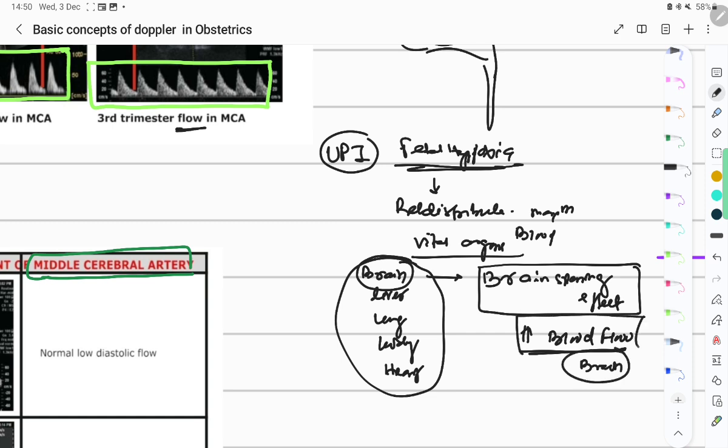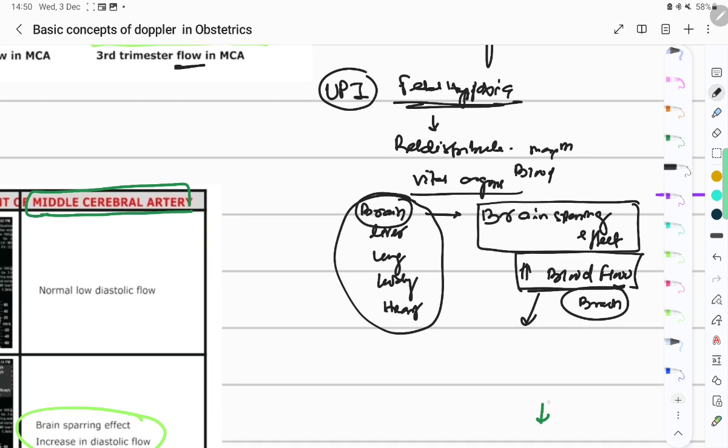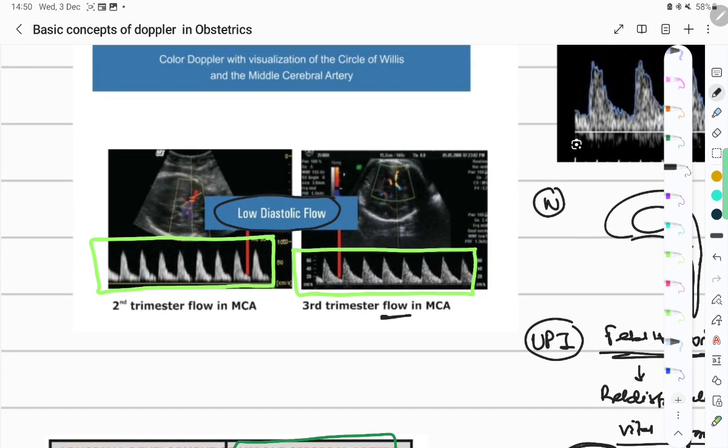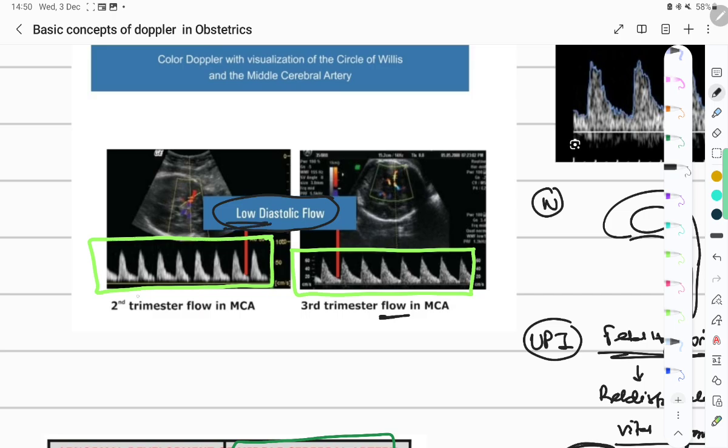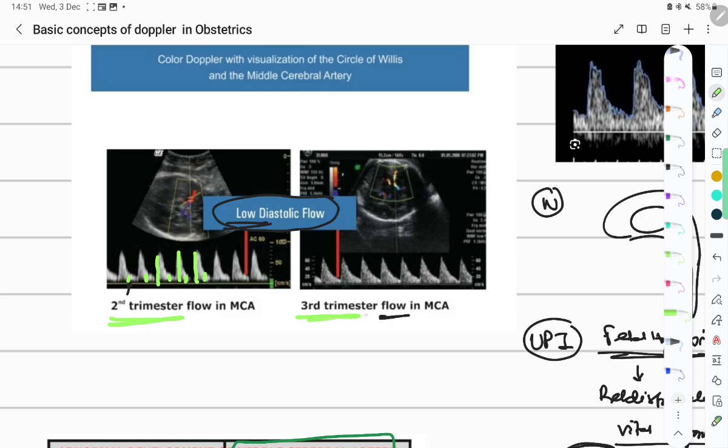So how can this be detected? This can be detected in MCA Doppler. See, in this picture there is low diastolic flow. This is the diastole. See, the systole is long with low diastole. That means there is low diastolic flow in the second and third trimester in the middle cerebral artery if the fetus is normal.